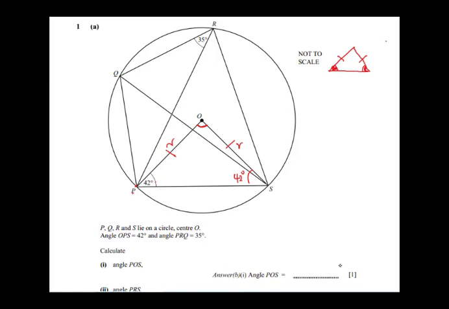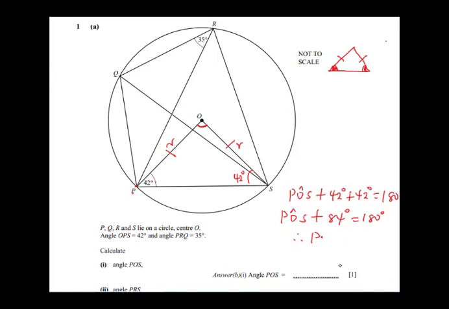So we have angle POS plus the two angles of the isosceles triangle must equal 180 degrees. We add this angle here and this angle here, equating them to 180 degrees. Then we have angle POS plus 42 plus 42, which gives us 84 degrees, equals 180 degrees.